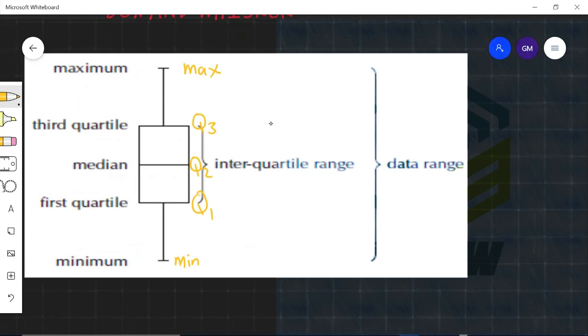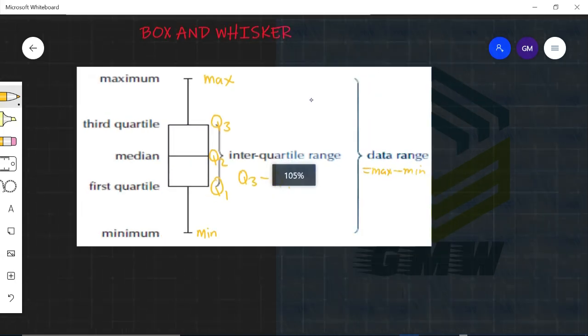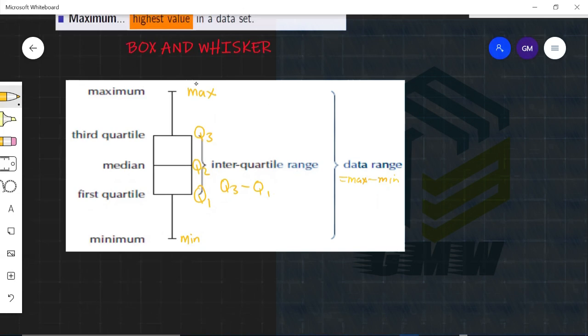We already know that range is maximum minus minimum, and interquartile range is Q3 minus Q1. When you see a box and whisker plot, there are questions that will ask you to interpret something called skewness.